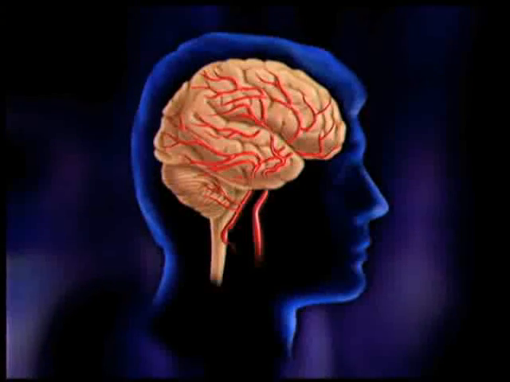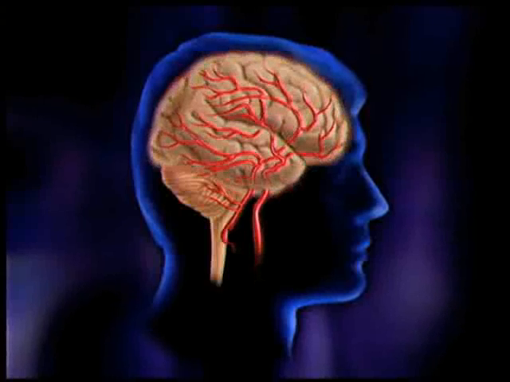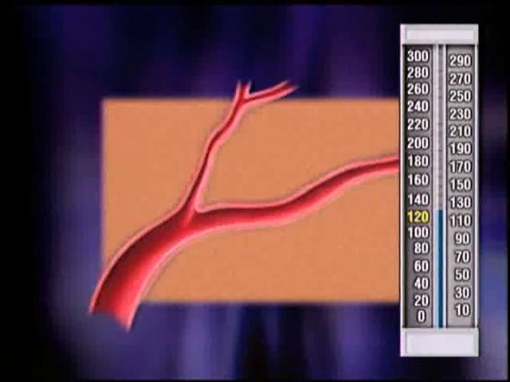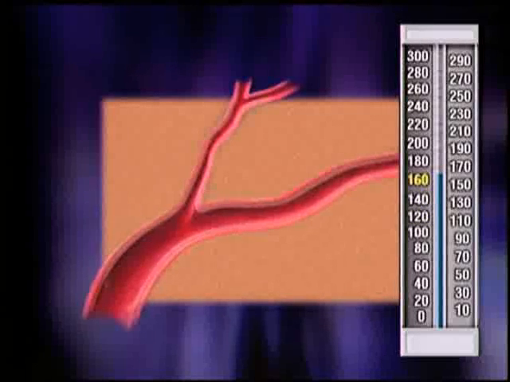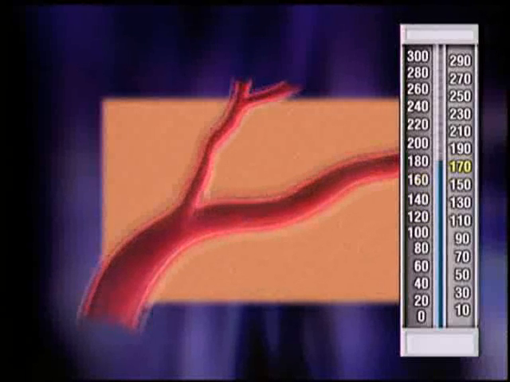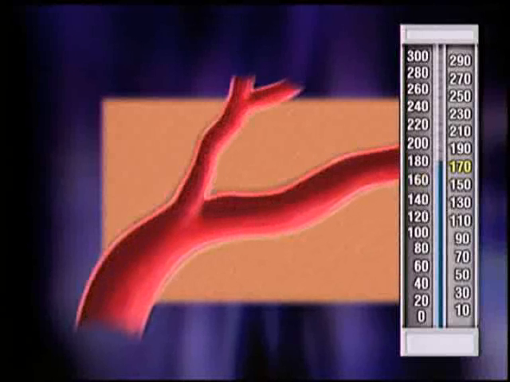A decreased level of consciousness primarily results from cerebral edema. Normally, cerebral arterioles constrict to protect the delicate brain tissue from high arterial pressure. However, as the arterial pressure climbs, it overcomes the arterioles, causing them to dilate.